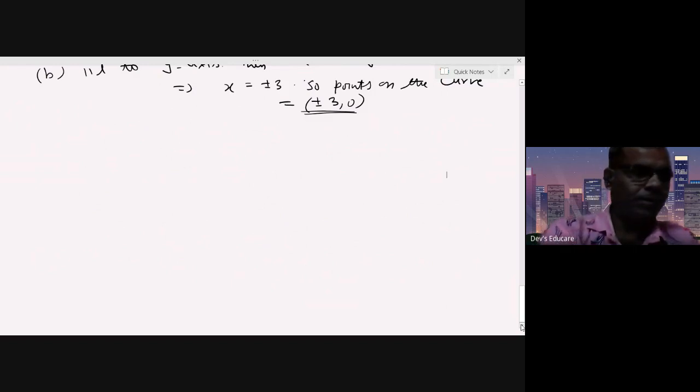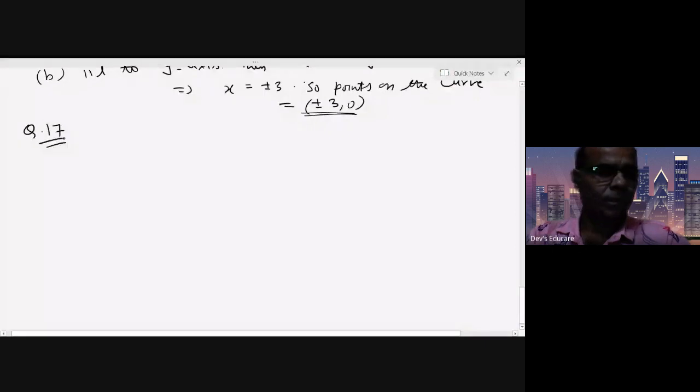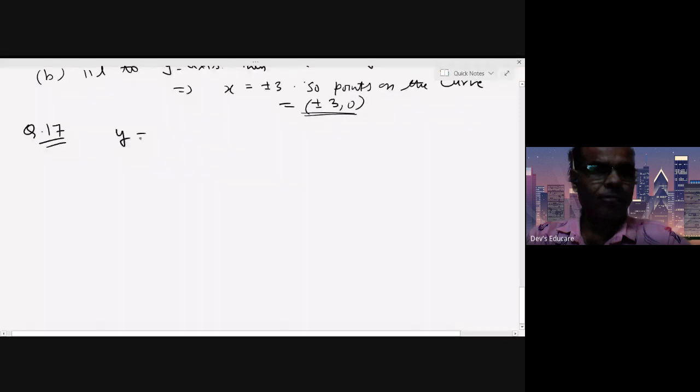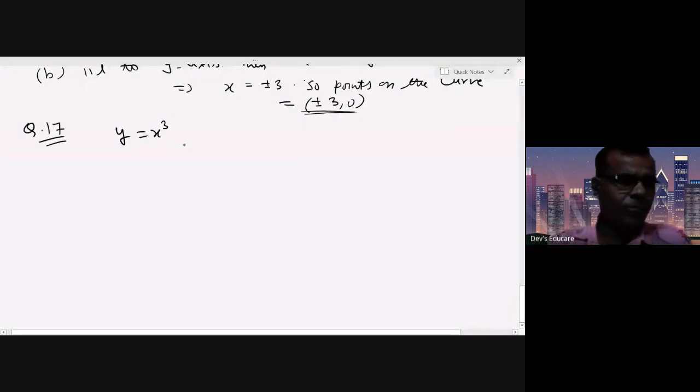Question number 17. Find the points on the curve y equals x cube at which the slope of the tangent is equal to the y coordinate of the point.